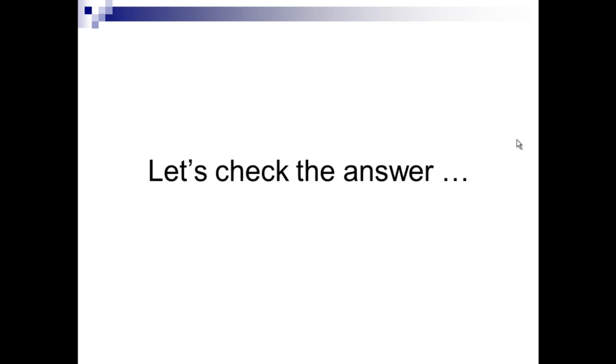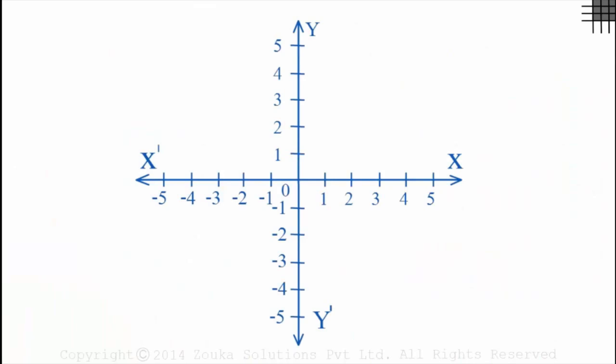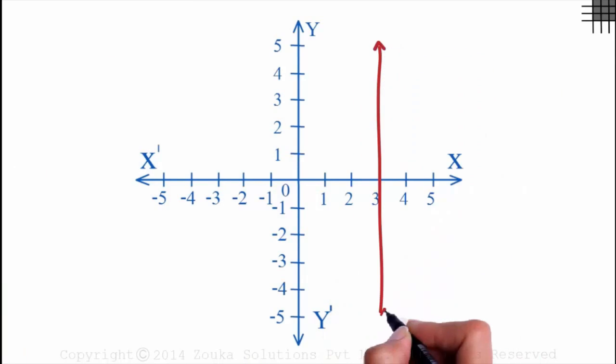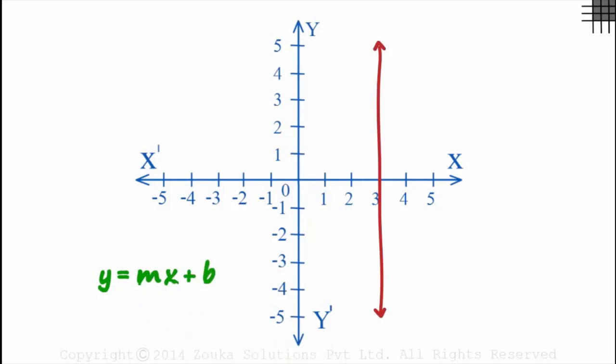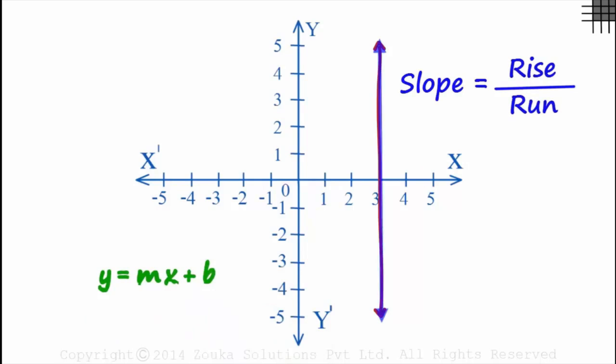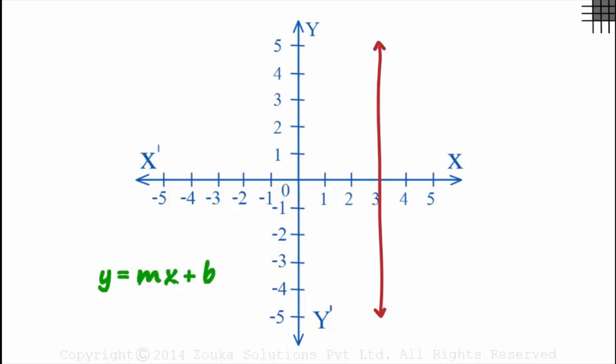First, based on the line, we know that there is no y-intercept, and the change in horizontal distance is null, so the slope is undefined.